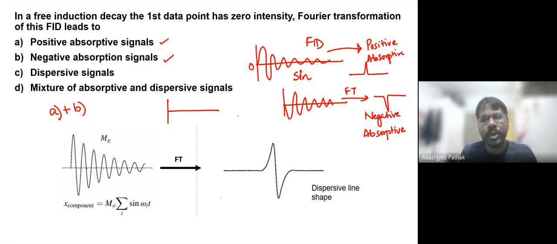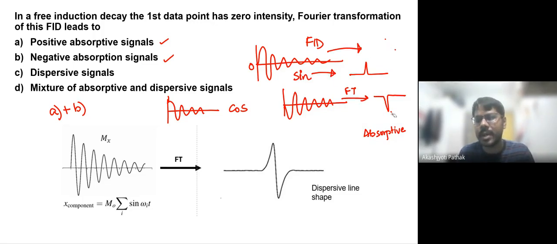If it is a cosine component, it will start with a particular amplitude. And we have been discussing throughout the lecture that if you do a Fourier transform of a sine component, you get a dispersive signal. Sorry for the confusion. Actually, I got confused. Is it clear? If you do a Fourier transform of a sine component, you will always get a dispersive signal.